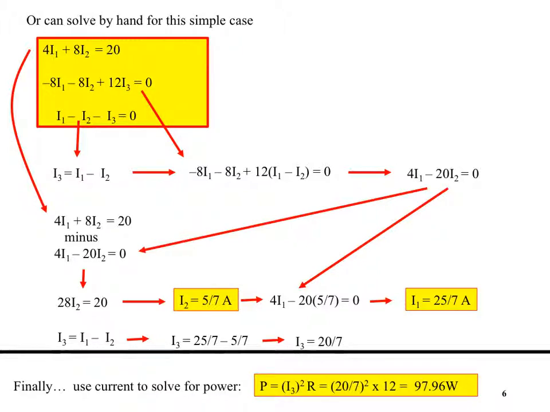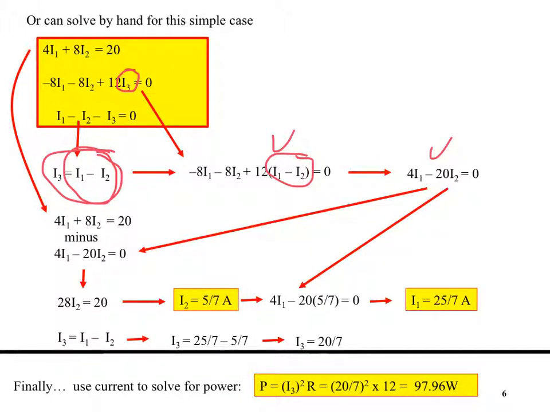So anyway, we start with the bottom equation, which here I've just rewritten as I3 is equal to I1 minus I2. Now I can substitute this in for I3, and I get just an equation in terms of I1 and I2. After substituting that in and grouping like terms, I get something that looks like that.